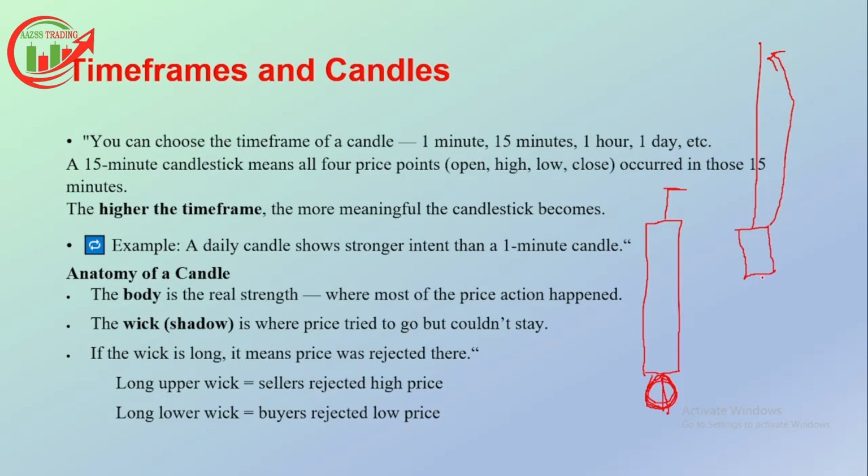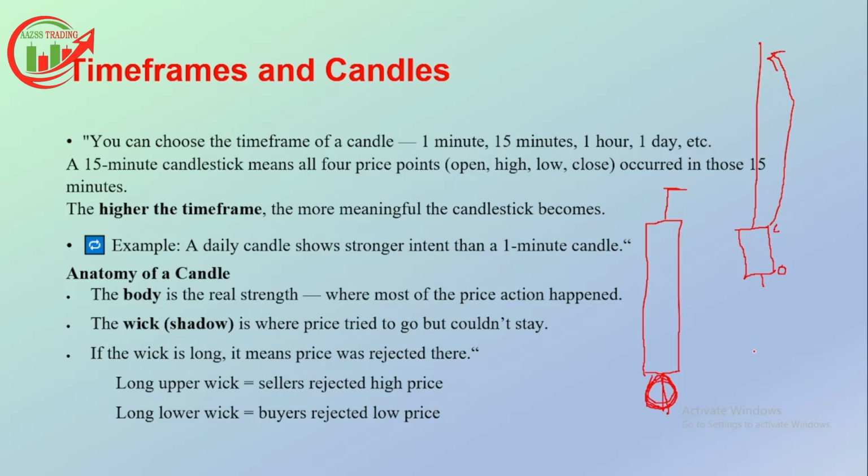Let's say this is a buy candle: the market opened here, went up to this high, came down and closed here. So this long wick shows that sellers rejected the high price.